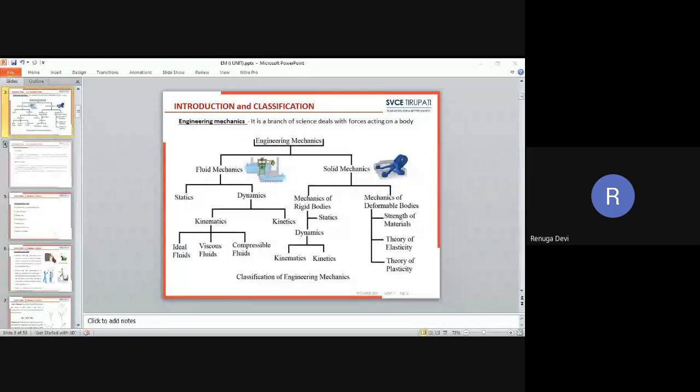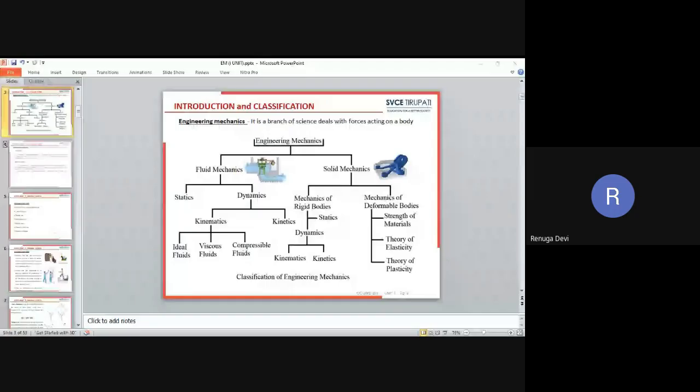First, second, and third law you know very well, in which way you have to apply everything. But Lami's theorem, transmissibility law, and Varignon's theorem, you should know how to apply to resolve forces. Those things we will see now one by one.